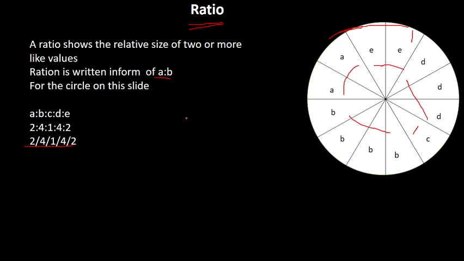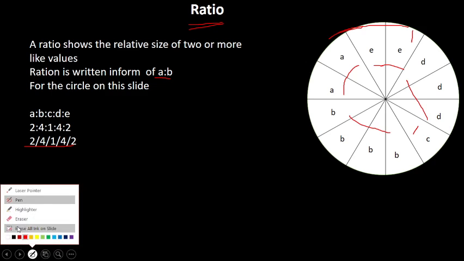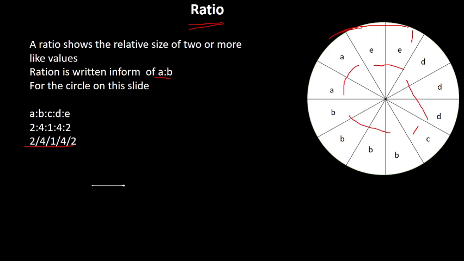For example, if I give you a cane, not that I want to cane you, no. If I give you a cane and say you should cut it into ratio 2 to 3, how can you do that? Before you can cut it into ratio 2 to 3, you need to ask me what is the length of the first part and what is the length of the second part.